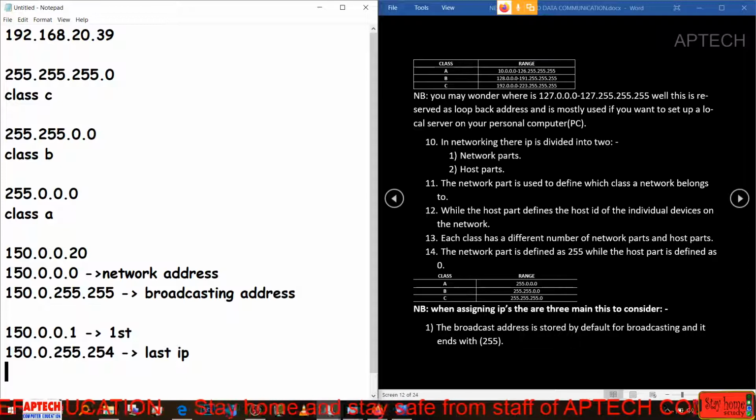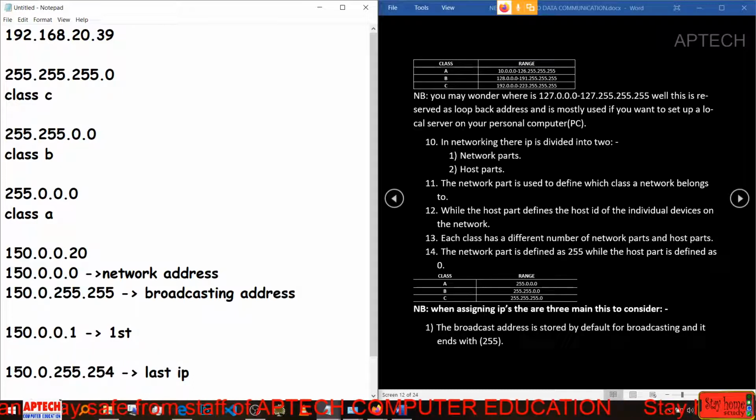So basically, the computer goes through many iterations in the middle here. It will go from 150.0.0.1 to 150.0.0.254.